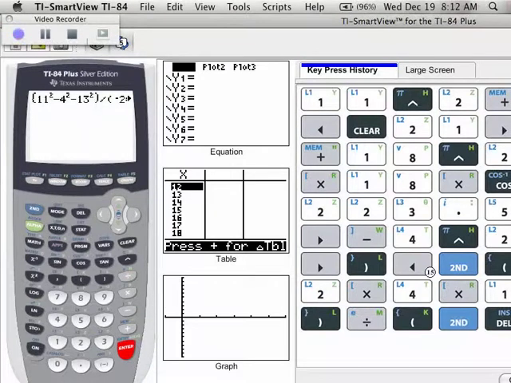It is not liking that parentheses. Okay, let's try this.